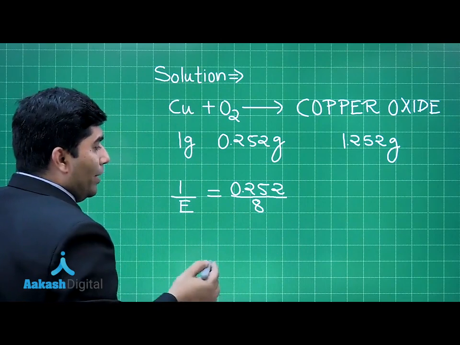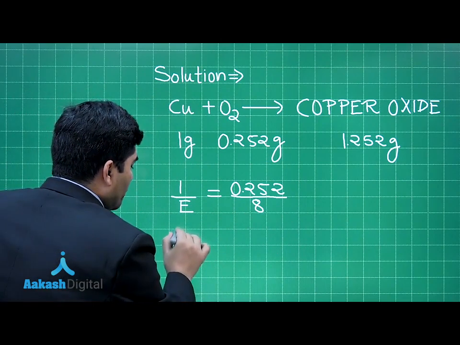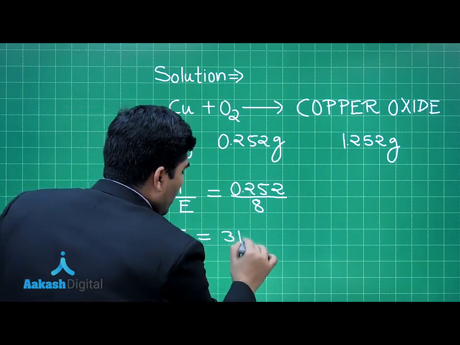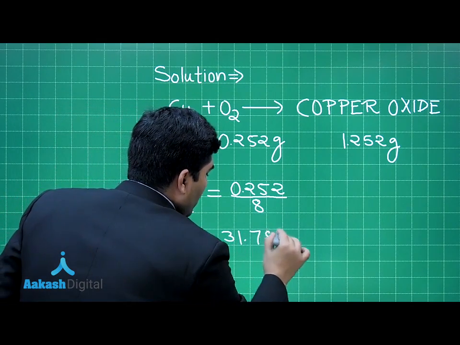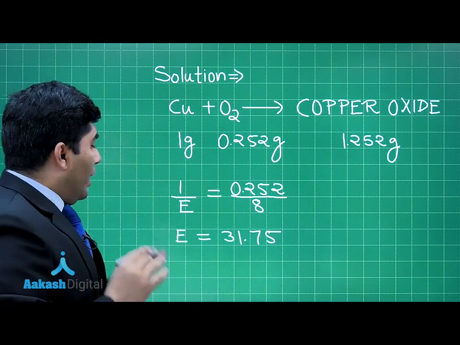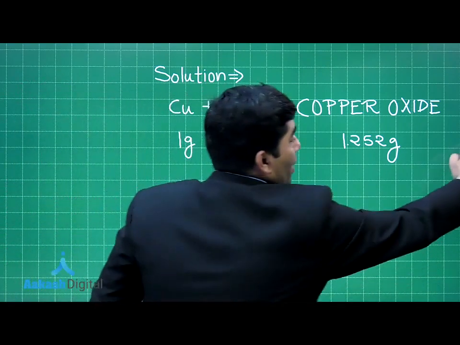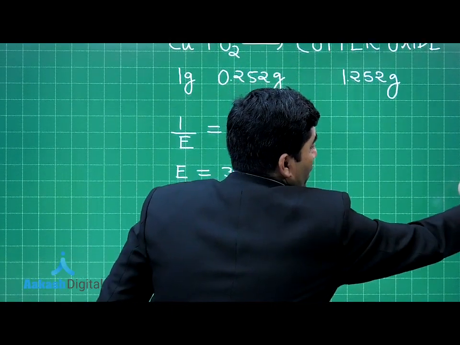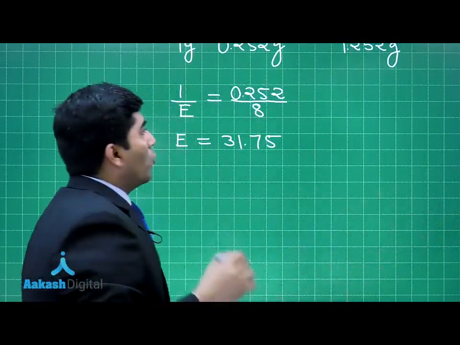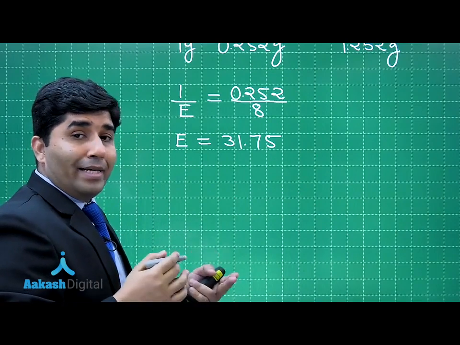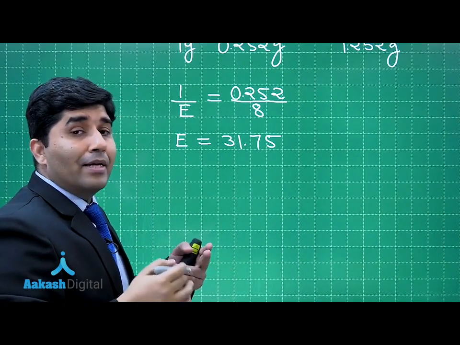After solving this, we get the equivalent weight as 31.75. Now we have to find the valency of copper so that we can find which formula it is. Is it Cu2O or CuO?